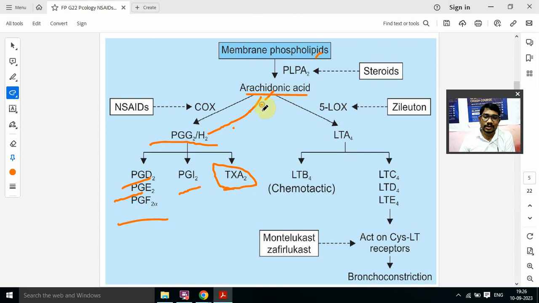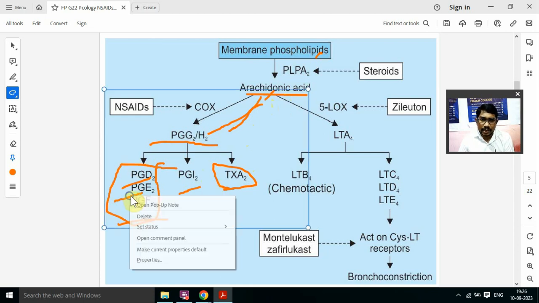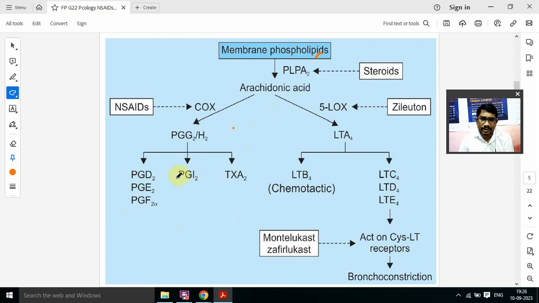These prostaglandins will increase pain sensation, cause inflammation, swelling, edema, increase vascular permeability, and platelet aggregation. Platelet aggregation because of this thromboxane A2.